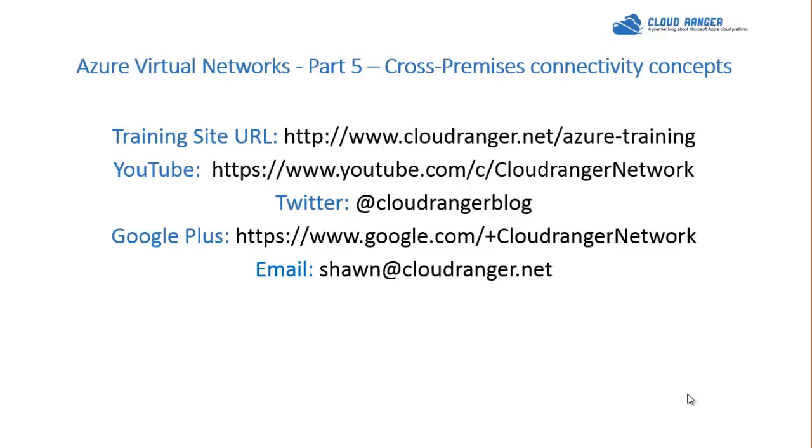So you could have speed up to 10 gigabits per second, which is insane for having the connection between you and the Azure data center or your virtual network. This may be something if you're a very large organization and you require that kind of bandwidth. Maybe you are transferring large video content or media and things like that. That might be an option you may be able to go to.